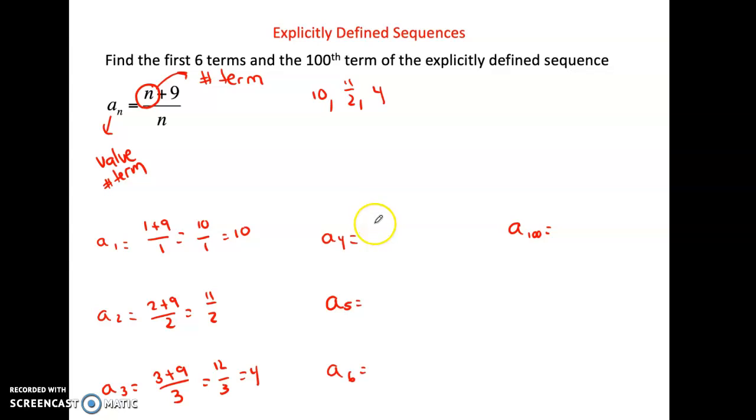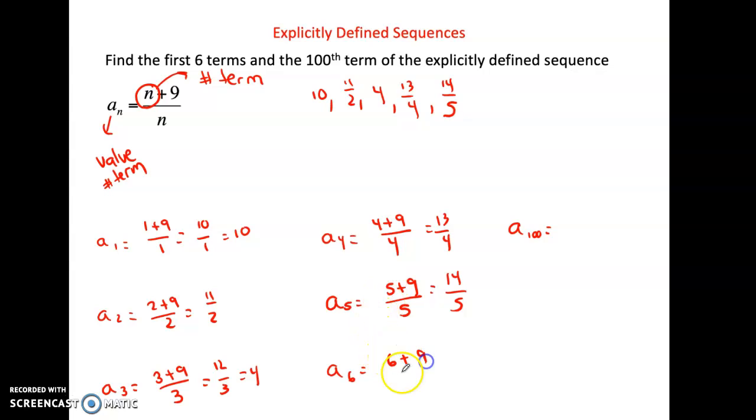Then a sub 4, substitute 4 in there. 4 plus 9 over 4, which is 13/4. So my next term would be 13/4. Put 5 in there. So it's not difficult to do this, but it's just work. So we have 14/5. And then a sub 6, we're going to substitute 6 in for n.